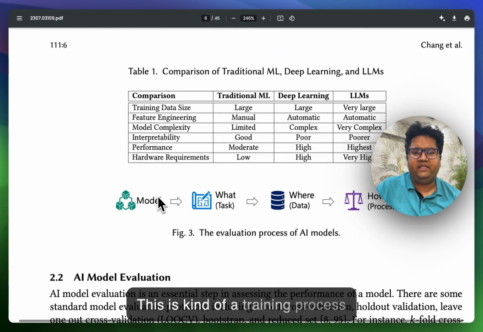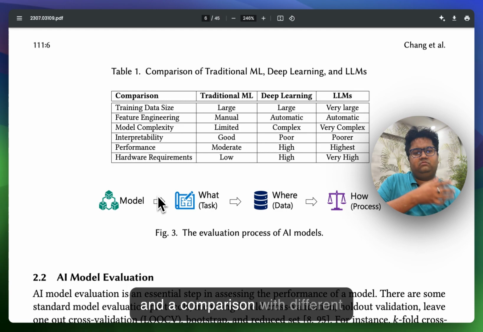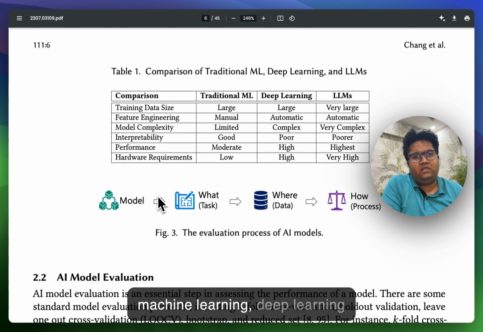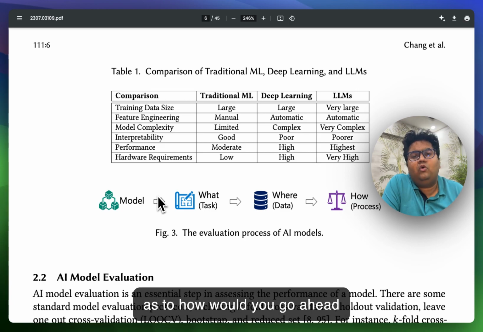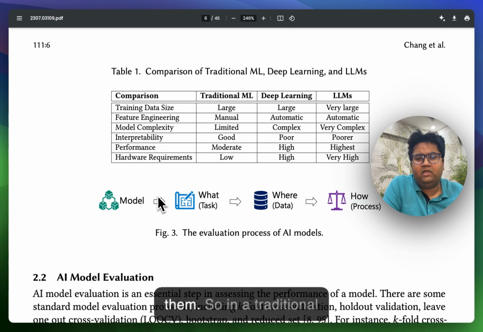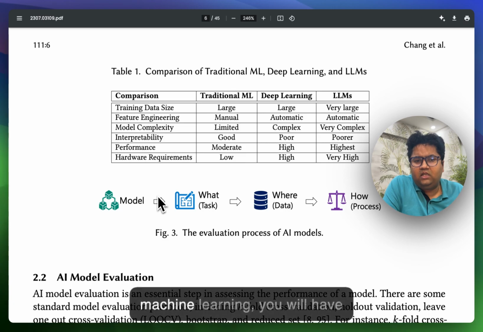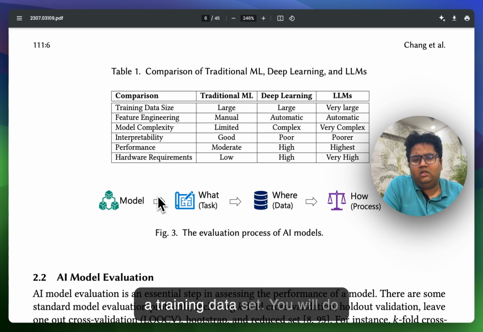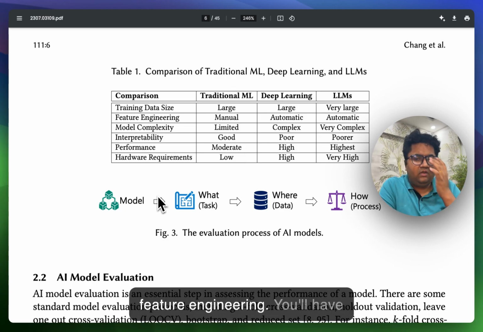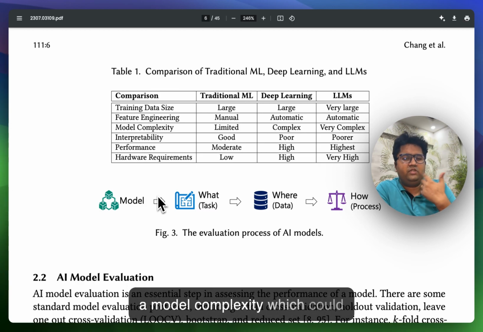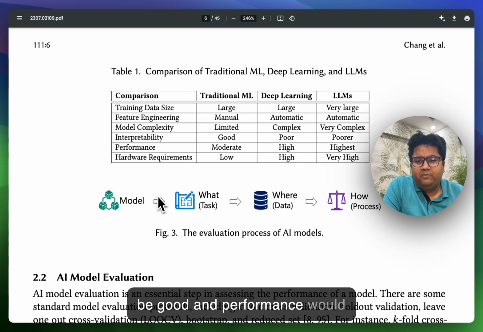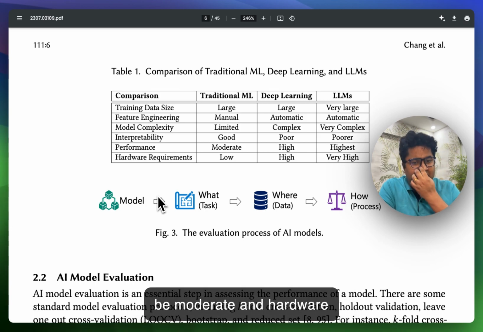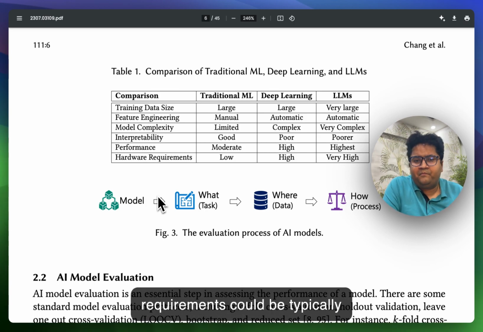This is kind of a training process, and a comparison with different machine learning, deep learning and large language techniques, as to how would you go ahead and compare them and evaluate them. So in a traditional machine learning, you will have a training data set, you will do feature engineering, you'll have a model complexity which could be limited, interpretability would be good, and performance would be moderate, and hardware requirements could be typically low.